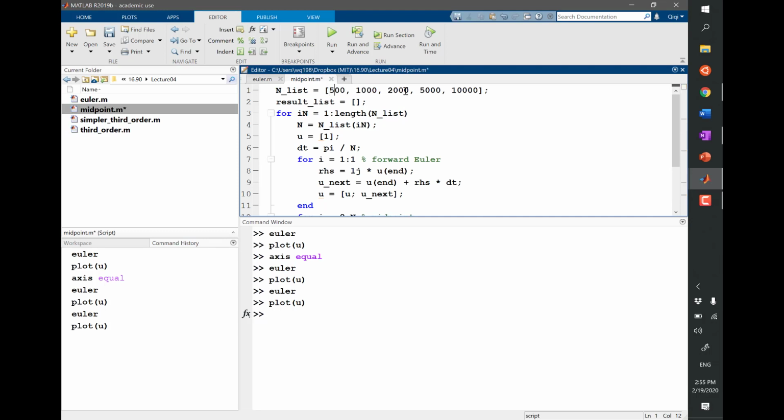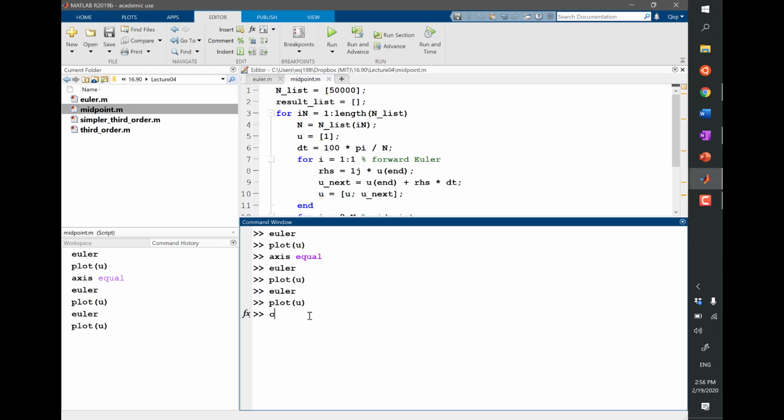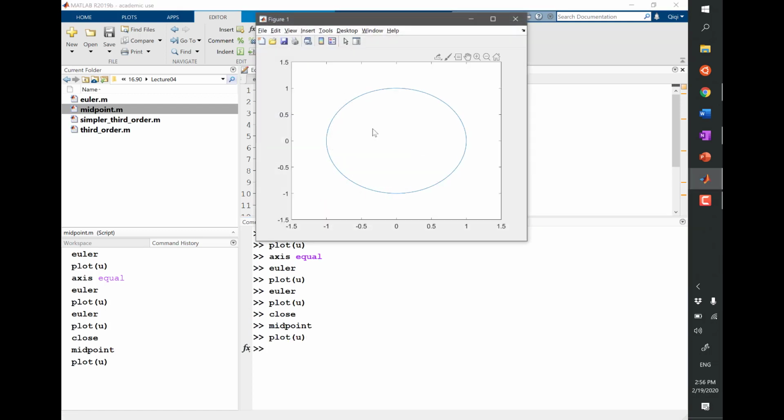We increase the time by a factor of 100, and we increase n also by a factor of 100, so the time is the same. Let's close it, run the midpoint, and plot u. Perfect circle.